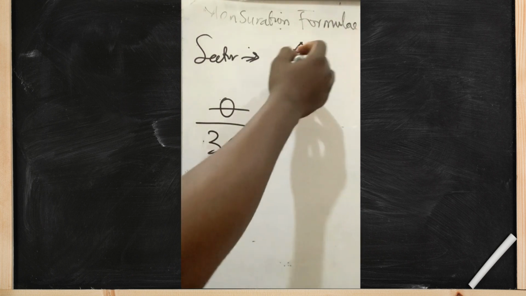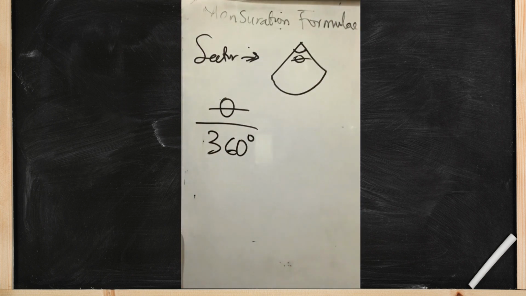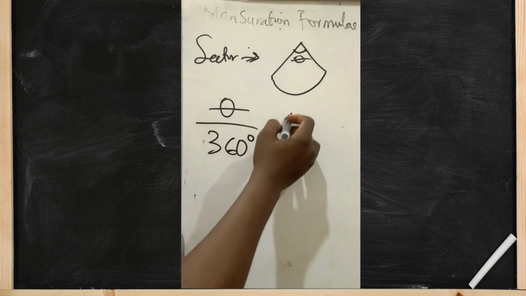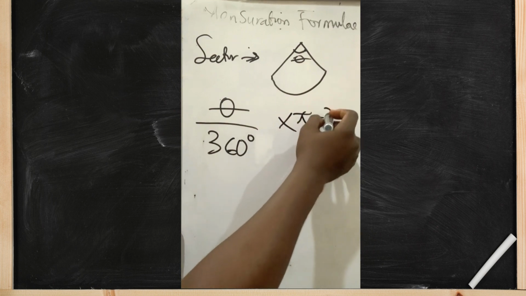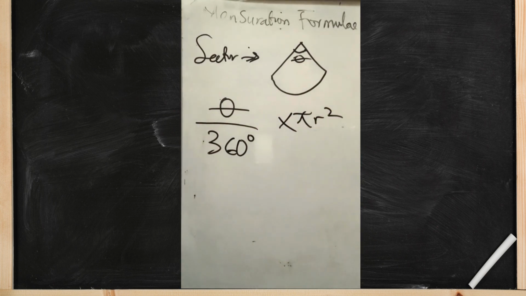That accounts for the space covered by the sector, then times pi r square. And you remember the area of a circle is pi r square.